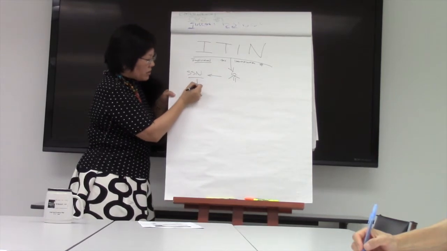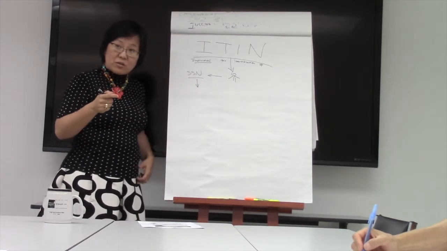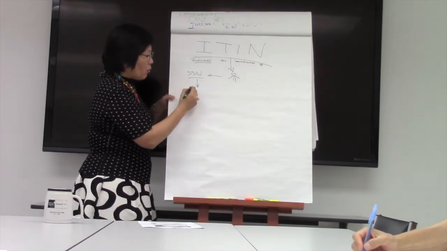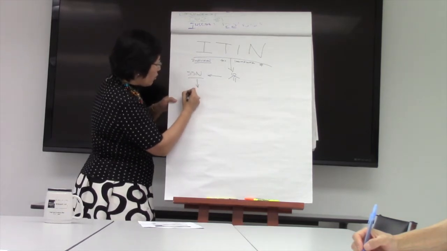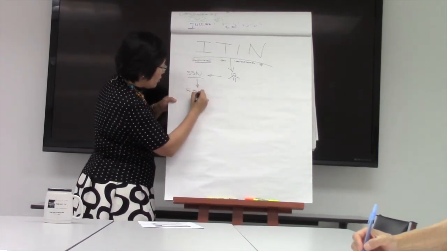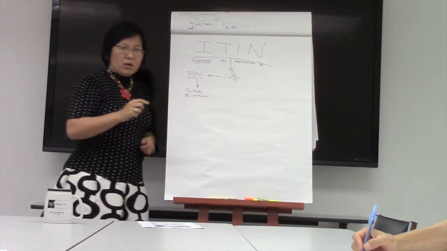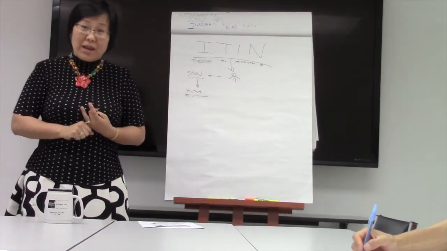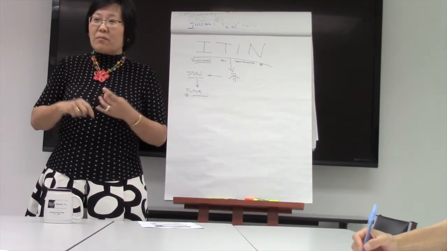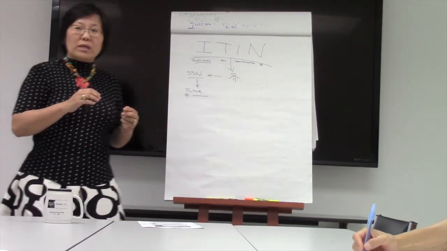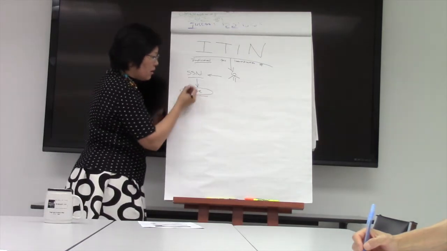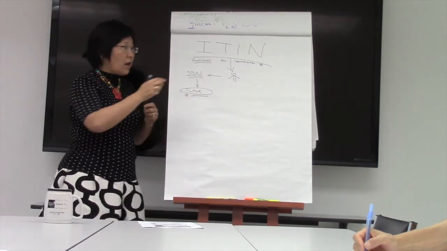If you have a Social Security number, we save your future under this number. We save your Social Security benefit, we save your Medicare benefit, and we save your future under the Social Security number.